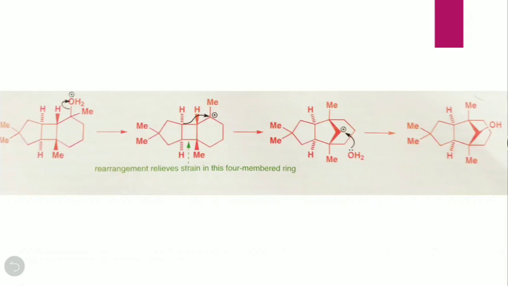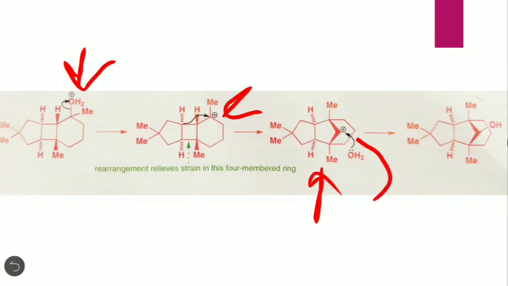Due to the acid catalyzation, the loss of a water molecule takes place, and here a tertiary carbocation is formed. This carbon 7 attacks carbon 5 to form a 5-membered ring and a secondary carbocation. This secondary carbocation is attacked by a water molecule and a hydroxyl group is formed.